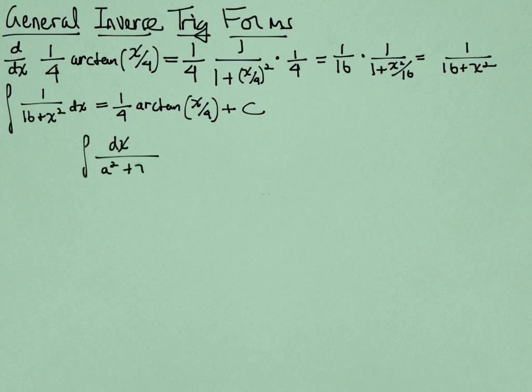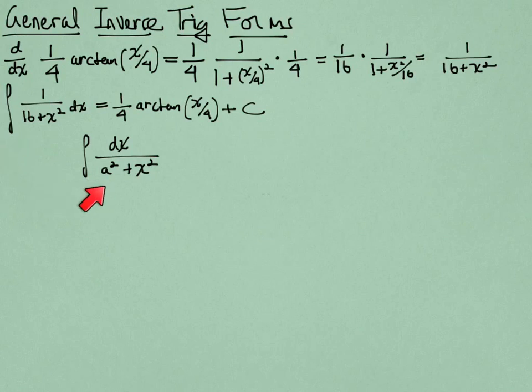So the point here is that if I'm integrating expressions where the number isn't necessarily 1 but is maybe something like 16, in this case 16 is 4 squared, it turns out that I should get a constant in front and a constant in the argument to the arctangent function. So if it's 16, I got 4 and 4, and it turns out that's because it's 4 squared.